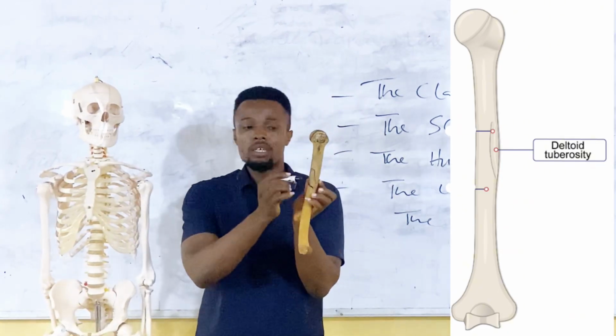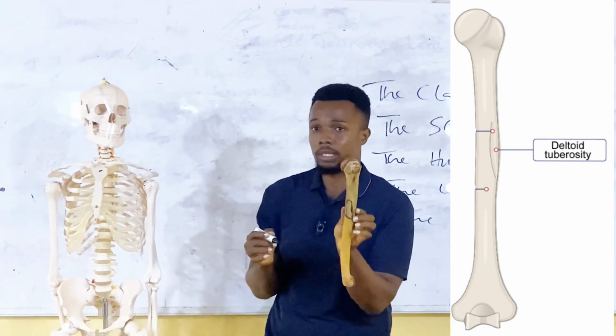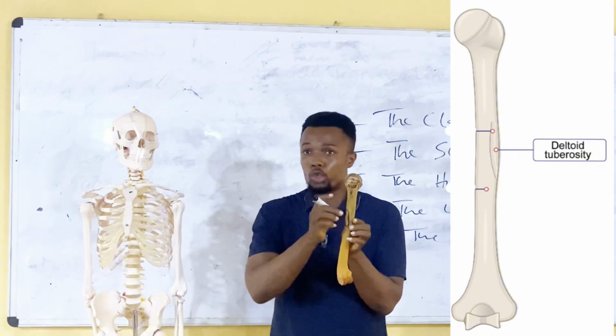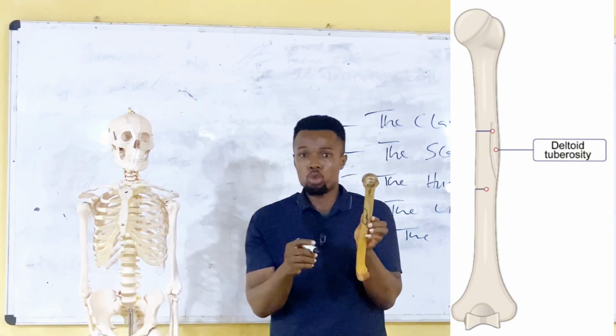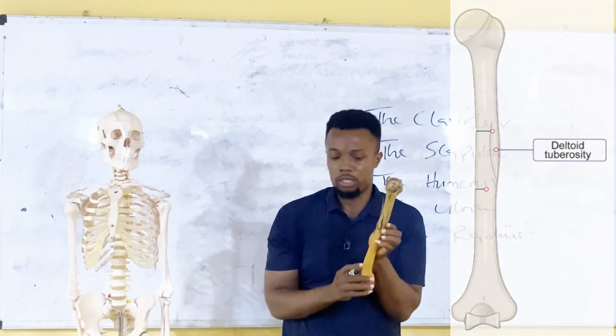The reason why this circled area is referred to as the deltoid tuberosity is because it gives attachment to the deltoid muscle.